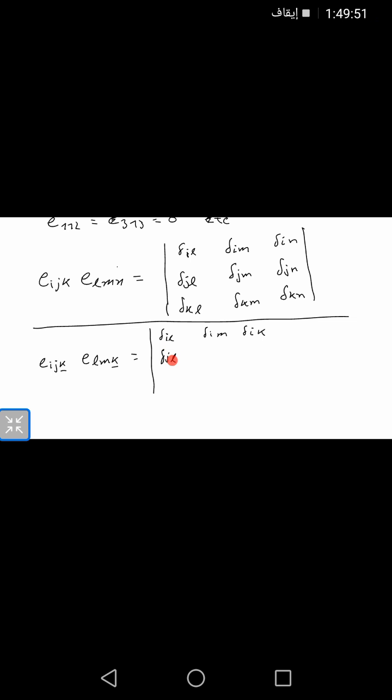And here we have a double index, which is this one.